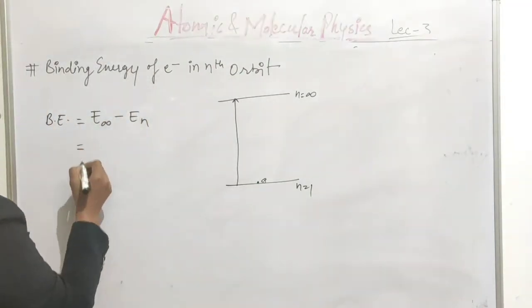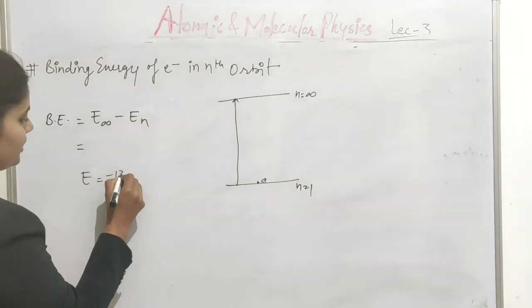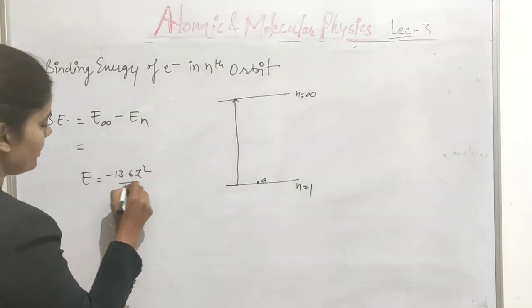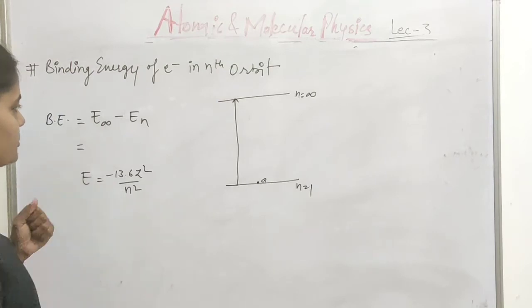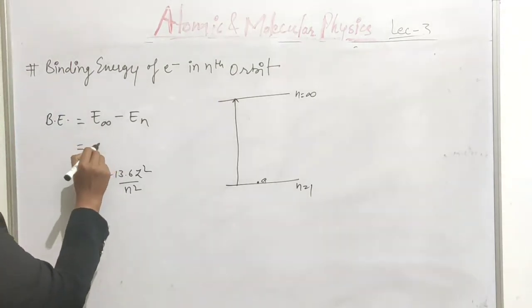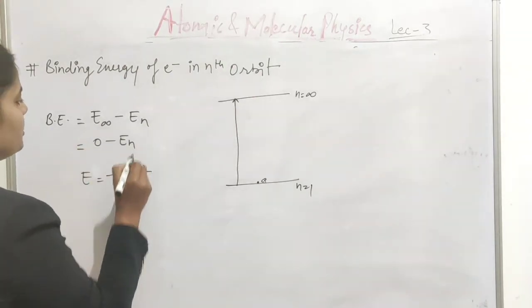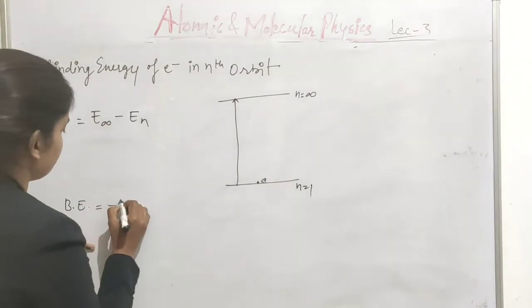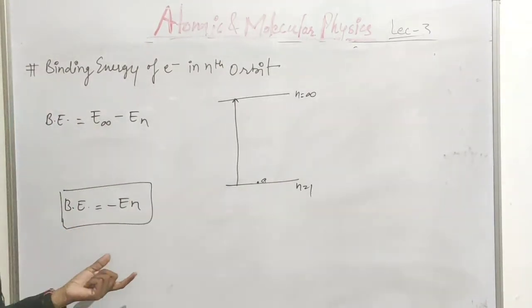You know that the dependency of energy on n is simply Z square over n square, an inverse relation. So for n equals infinity, this energy will be 0, and this comes out to be En. Binding energy comes out to be the negative of the energy of that state.